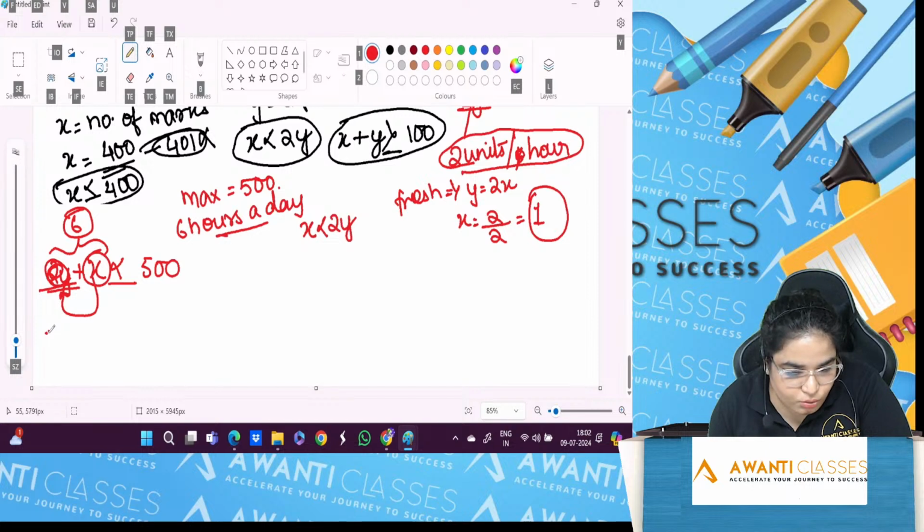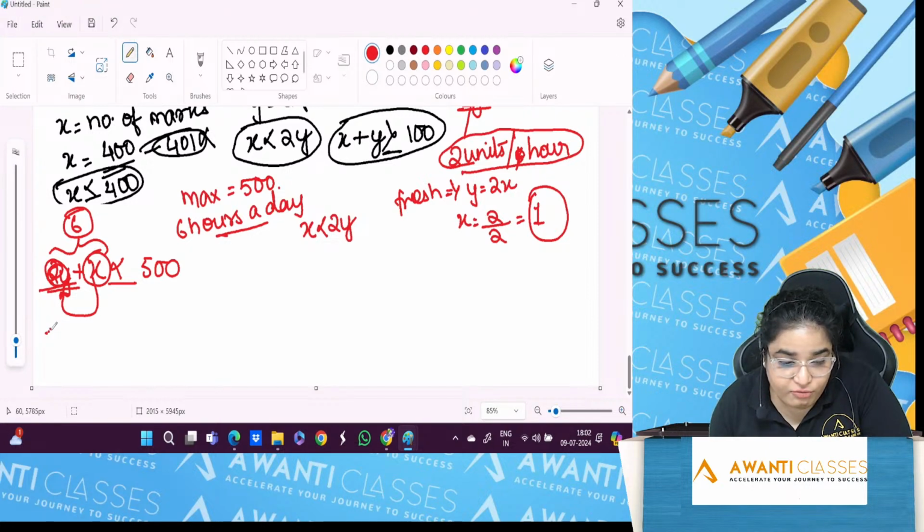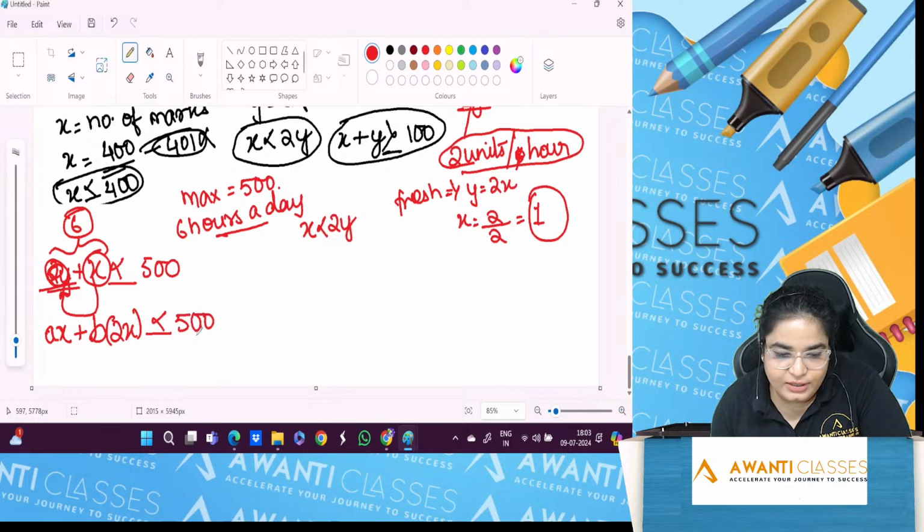if the number of fresh employees is A, then A into X plus, if the number of experienced employees is B, then B into 2X should be less than or equal to 500.